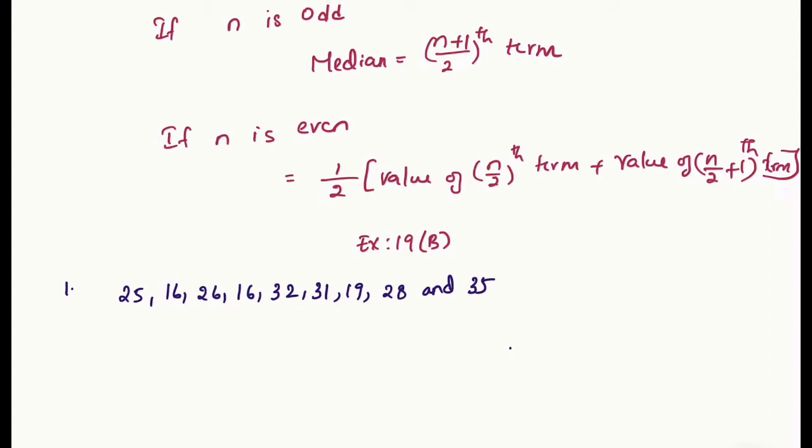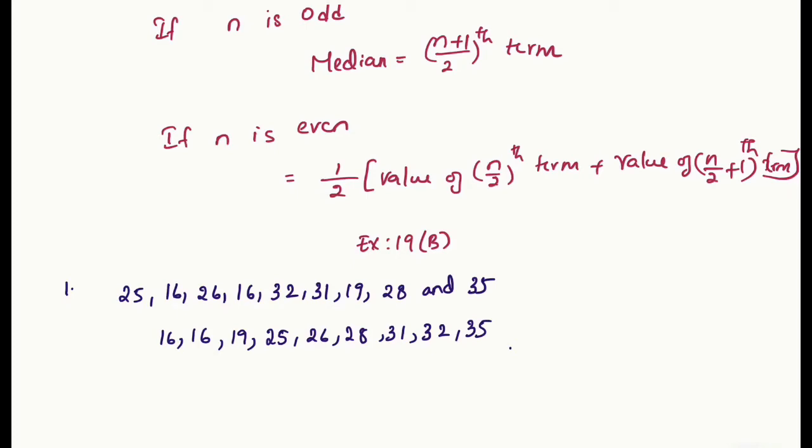What you do here is arrange them in order first. When arranged in order, you will get 16. 16 is repeated twice, you need to write that also. 16, 16, 19, 25, 26, 28, 31, 32, 35.